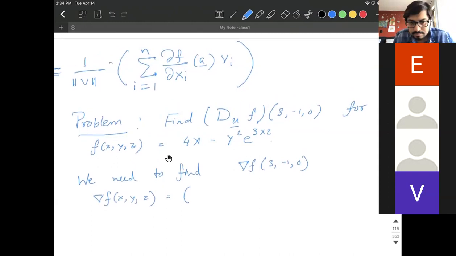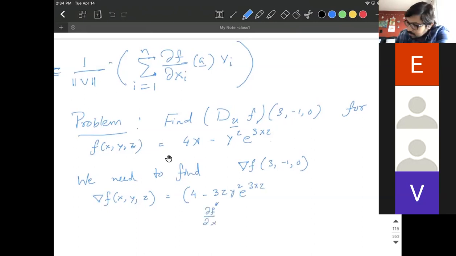So this is 4 minus 3zy square e to the 3xz, so this is del f/del x, then minus 2y e to the 3xz, so this is del f/del y. And finally, minus 3xy square e to the 3xz, so this is del f/del z.